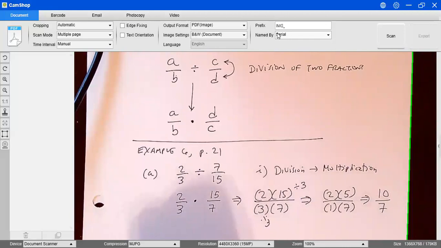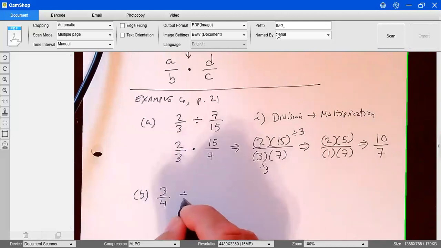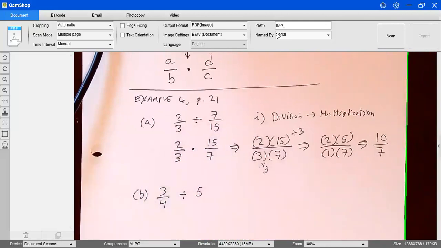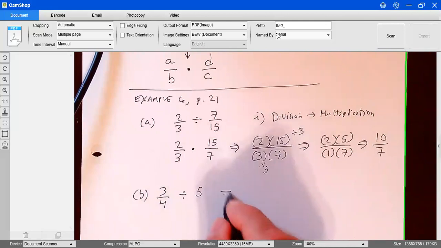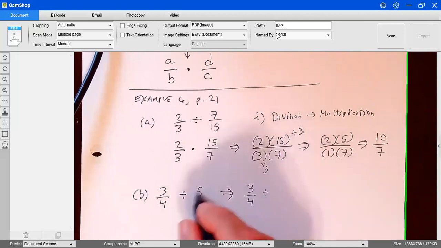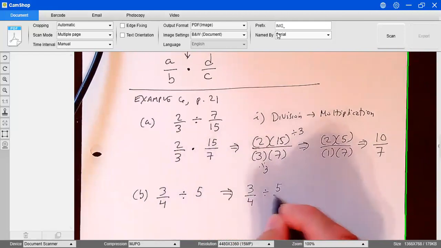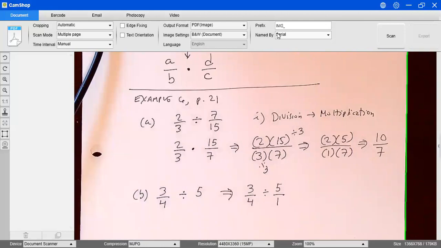So let's work the second part, which is just 3/4 divided by 5. First thing, we need to write the second part of this division as a fraction. So 5 should be written as 5 over 1. Now we can convert this into a multiplication.